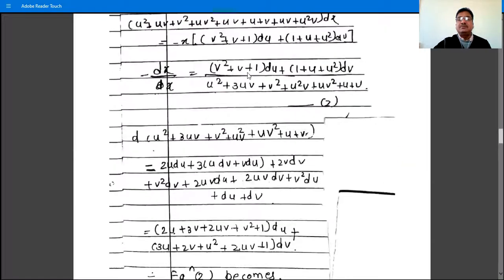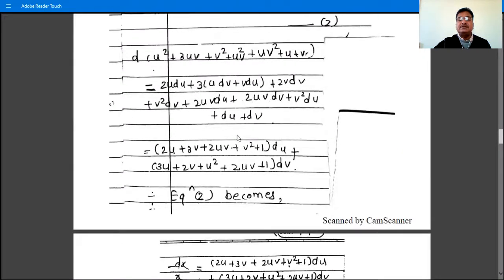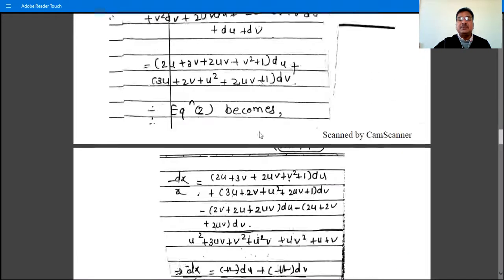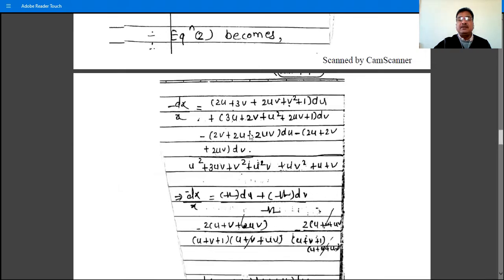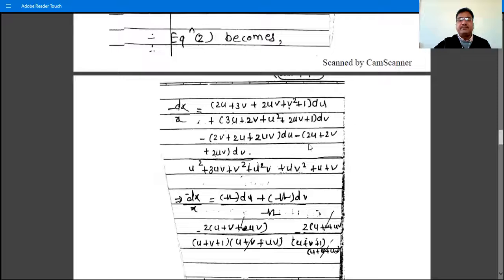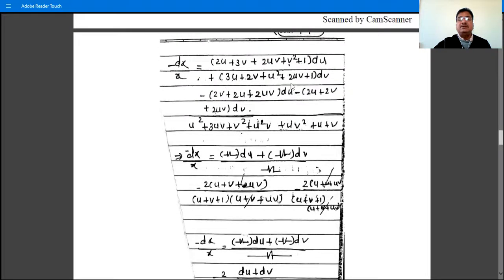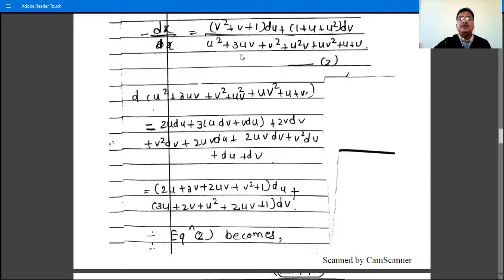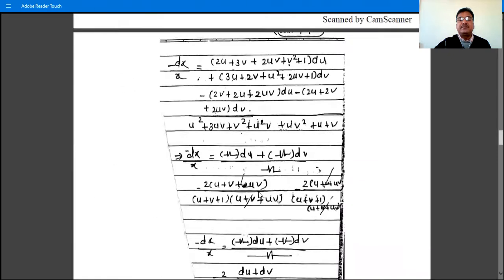So equation 2 becomes this equation. In order to adjust this, this is (v square plus v plus 1) du. So write the derivative of the denominator as the numerator of this equation. So we have this. Then minus. Already there is a term v square plus v plus 1 in this.